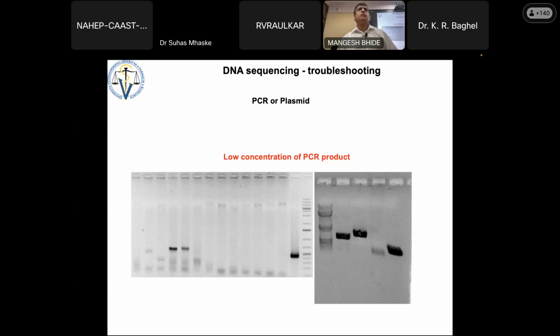Dilute it. You have to quantify the DNA by spectrophotometer, nanodrop or whatever spectrophotometer, and then you have to dilute it. If the concentration is, for example, 100, you dilute it 1000 times, and it will become 10 pico or something.